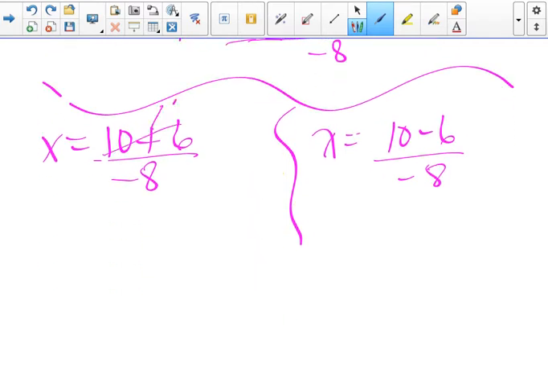Okay, so this is 16 over negative 8, so this becomes negative 2, and this one is 4 over 8, so it's negative 1/2. So negative 2, negative 1/2 is your answer.